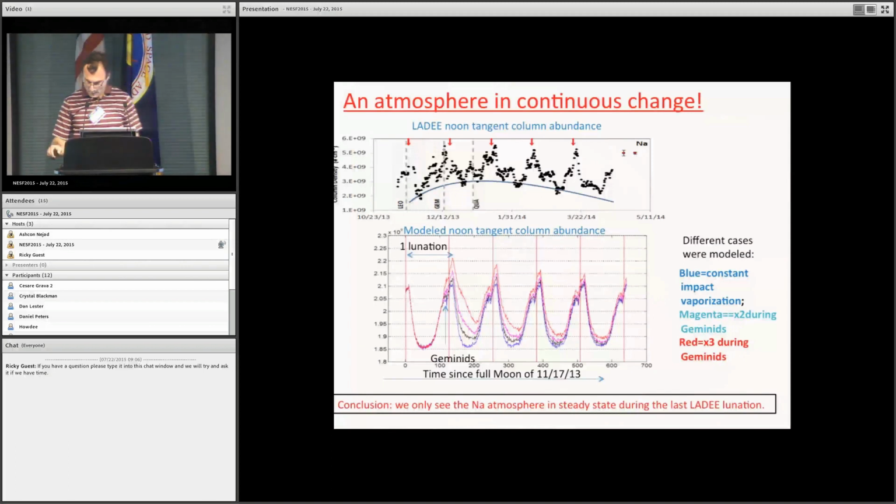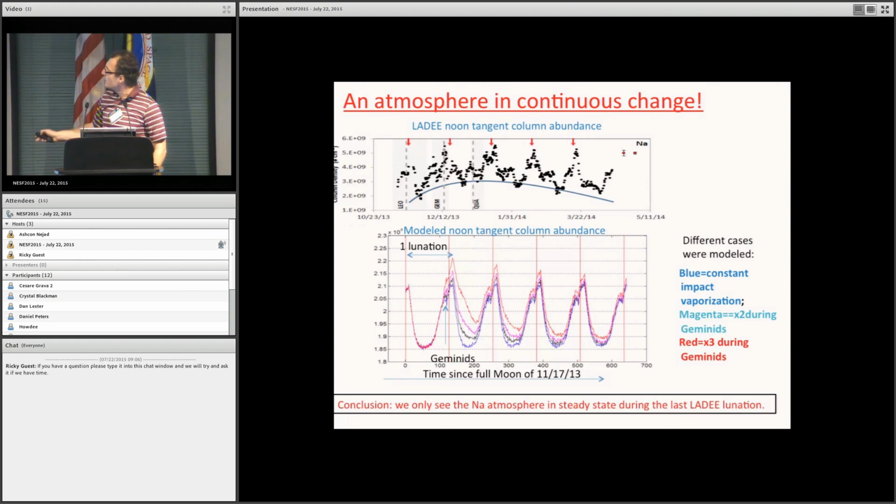So again, this is what we need to examine in terms of our interpretation: what produces this variation and these shifts. What I'll be talking about is really the monthly variation, which seems to be about a factor of 2, roughly.